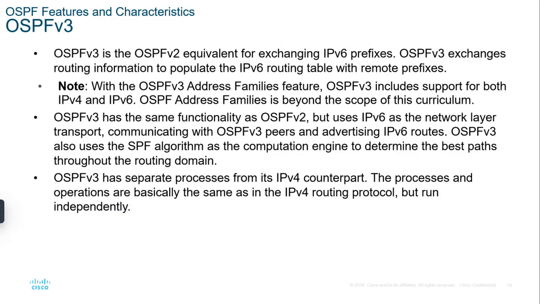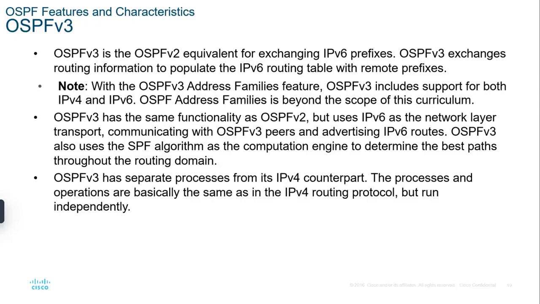Then we have OSPF version 3, which is for IPv6. If you're dealing with IPv6, then you have to use OSPF version 3. It is equivalent to version 2, but for exchanging IPv6 prefixes. OSPF version 3 exchanges routing information to populate the IPv6 routing table with remote prefixes.